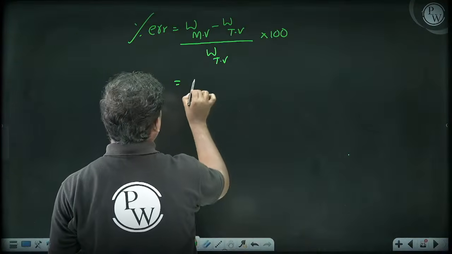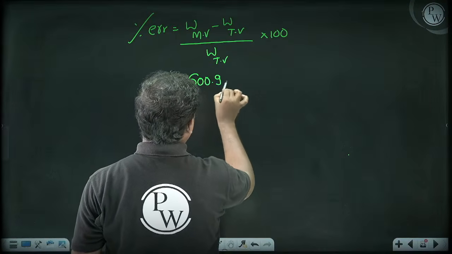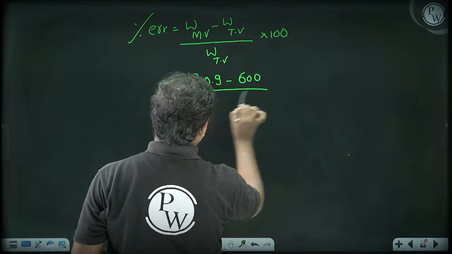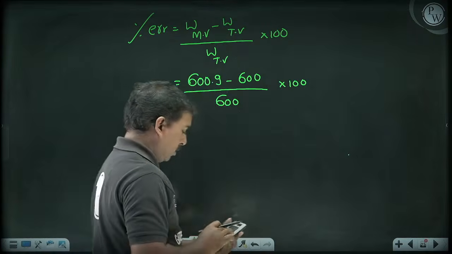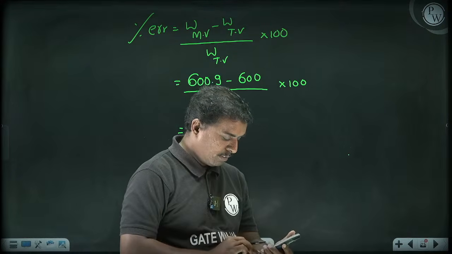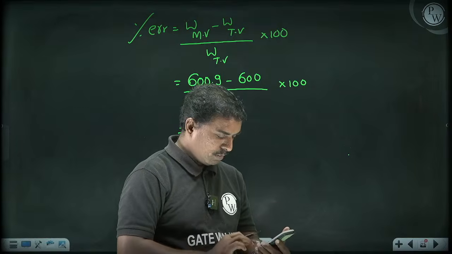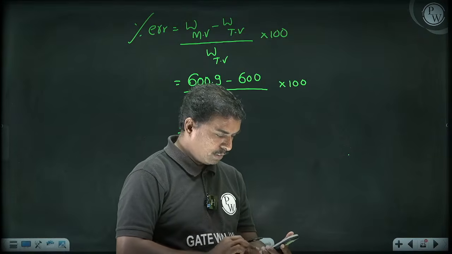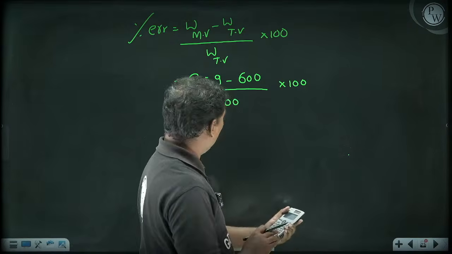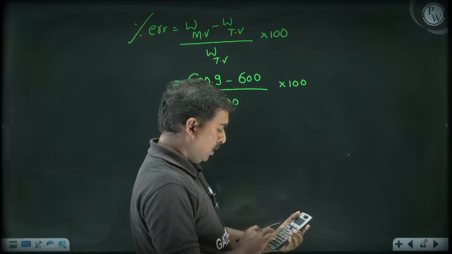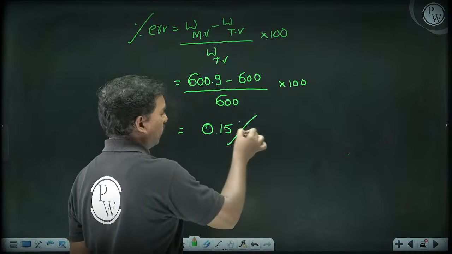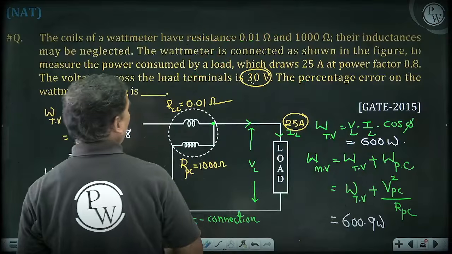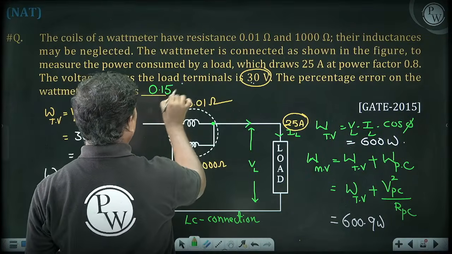So this is 600.9 minus true value 600, divided by 600, into 100. So it is coming as 0.15%. So the right answer in this question is 0.15%.